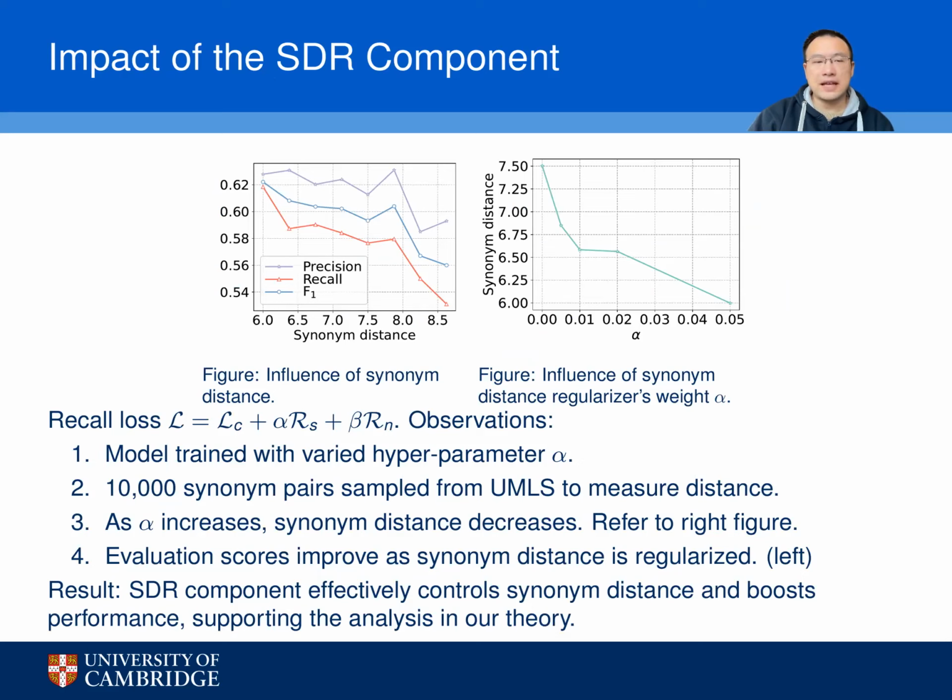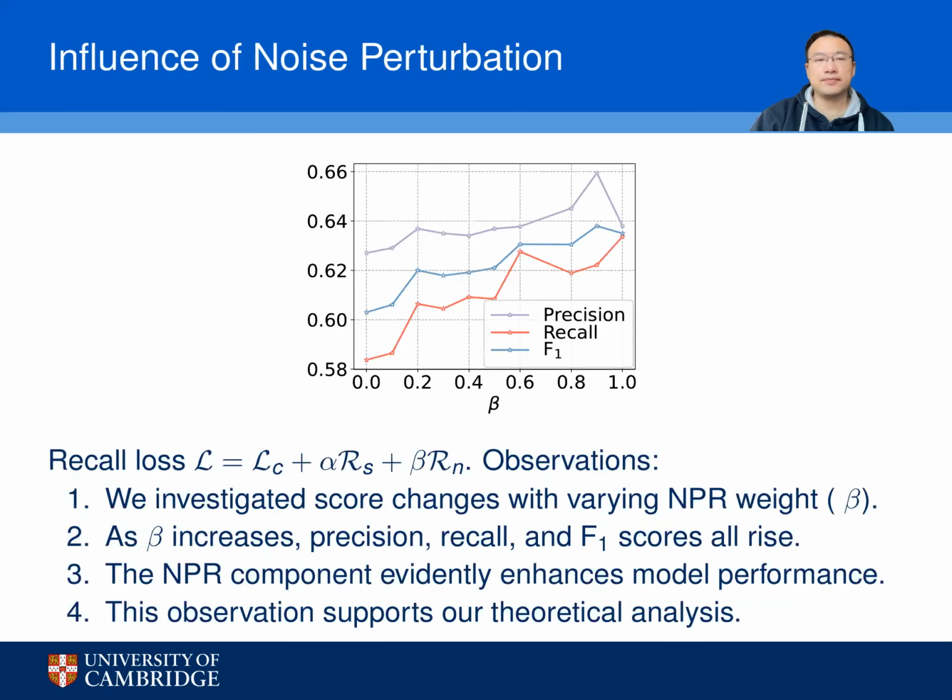We can observe that as alpha increases, the synonym distance will decrease, and the evaluation score will improve as the synonym distance is regularized. So we can conclude that the SDR component can effectively control the synonym distance and boost the performance. Next, we conduct the analysis of the influence of noise perturbation.